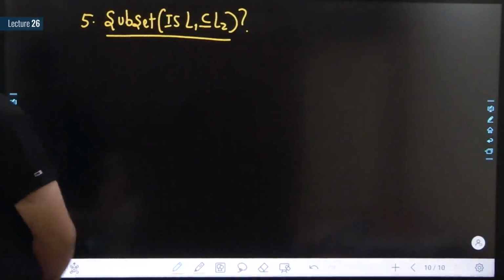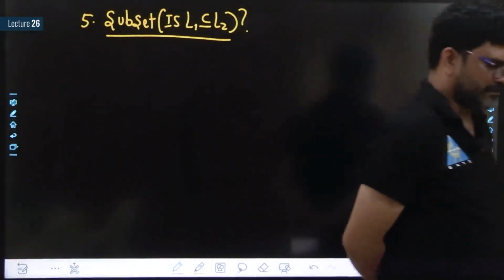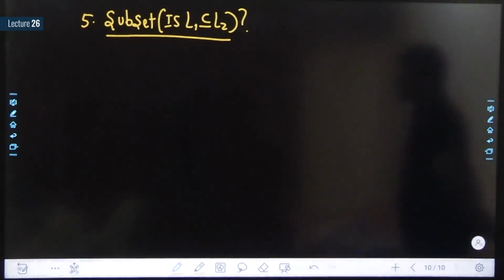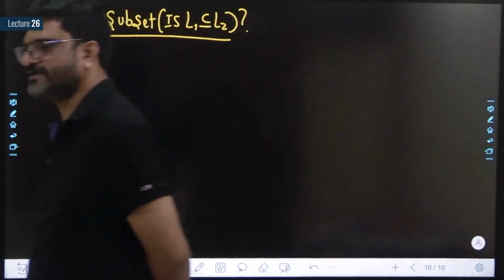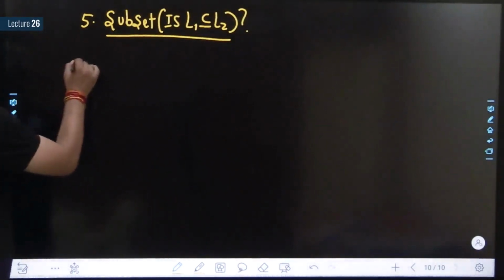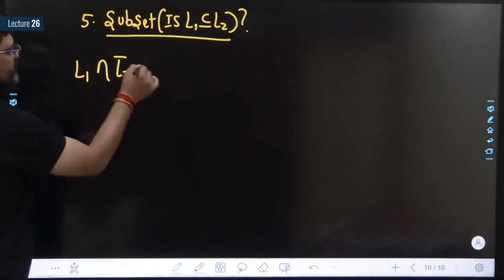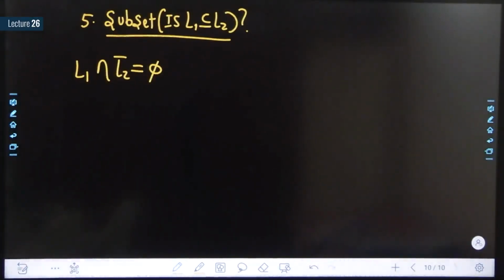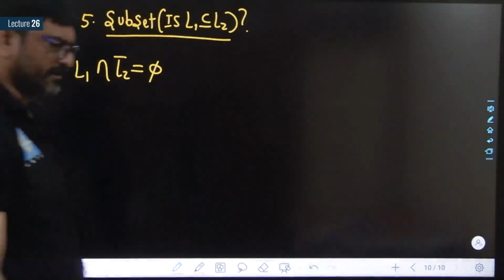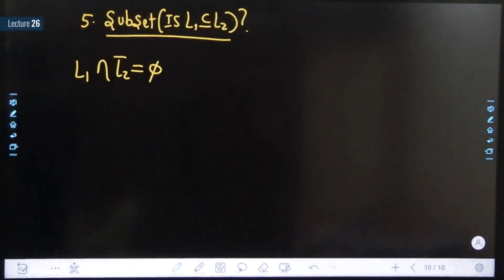After that, take the complement of the DFA that accepts L2 and intersect it with L1. If it returns an empty language, then we can say L1 is a subset of L2, otherwise not. Please listen carefully.